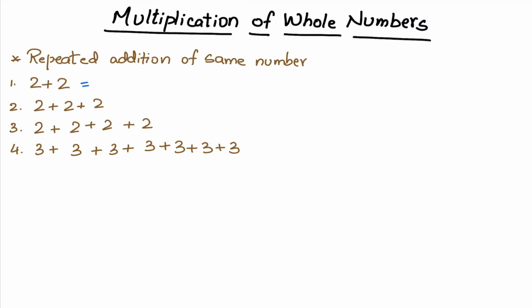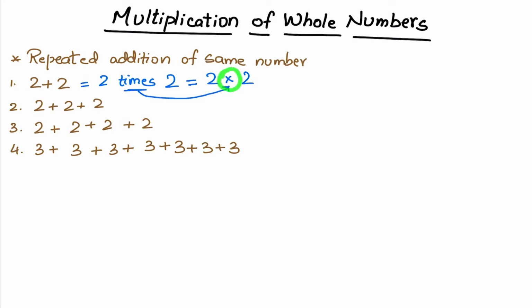Since we are adding the number 2 times, we can write it as 2 times 2. In mathematical form, we can write 2 multiplied by 2. Instead of times, we can write the multiplication symbol.